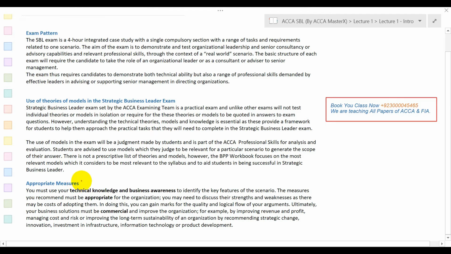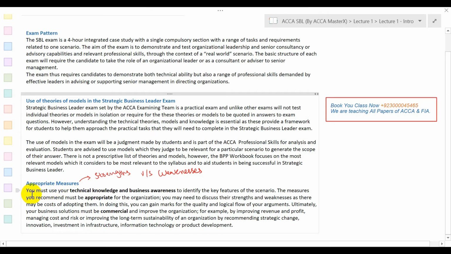Now, these measures that you will discuss with the management may have some strengths or some weaknesses. These weaknesses can be, you can say, opportunity cost or cost of adopting them.